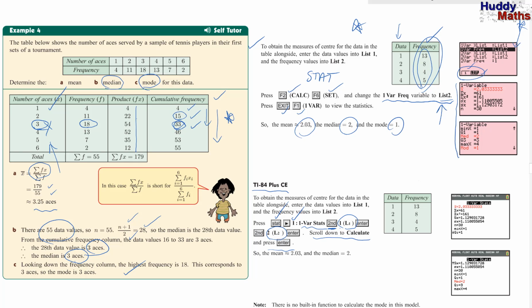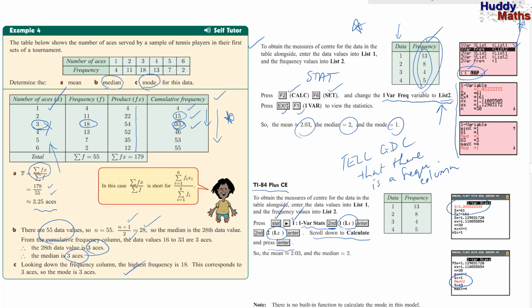So it's the same thing, and here, no modal value given on the TI. But the point here is you've got to tell the graphics display calculator that there is a frequency column in your data set, that each of them is not occurring once. So please keep that in mind when using the calculator.